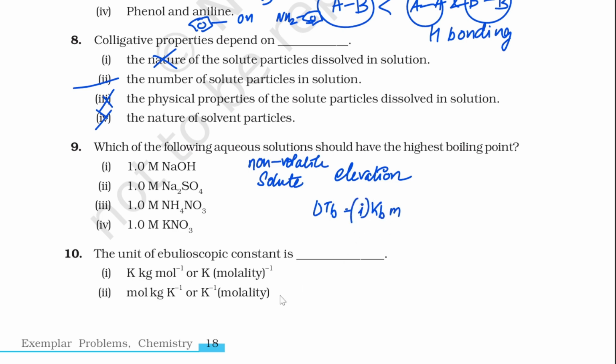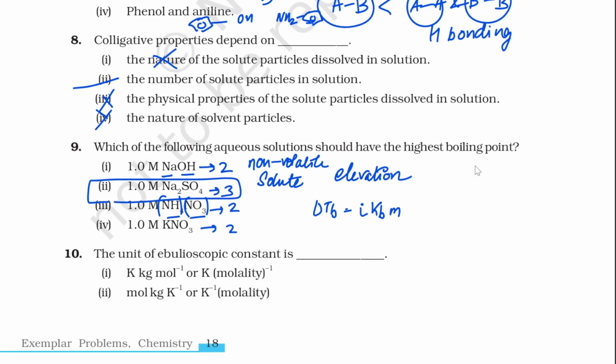Add an i there because we are talking about things that dissociate and produce more number of particles than they should, right? All of these are strong electrolytes: NaOH, 2 ions per molecule of NaOH, Na2SO4, 3 ions, NH4NO3, 2 ions, KNO3 again 2. So according to me, the answer is right over here, Na2SO4.